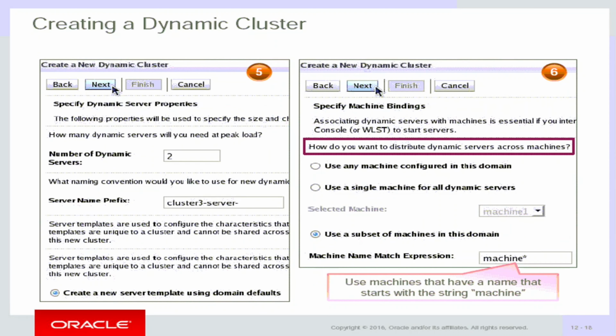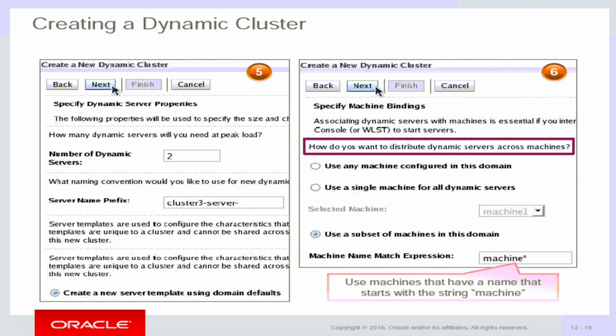Then once we click Next, we will see the properties of dynamic servers. Then we can see the number of dynamic servers we want to create, or the server name prefix. Okay, then after defining all these properties, we can click on Next.